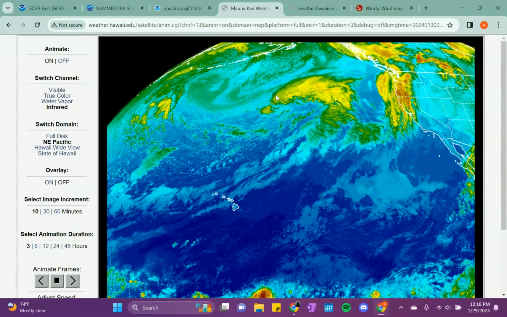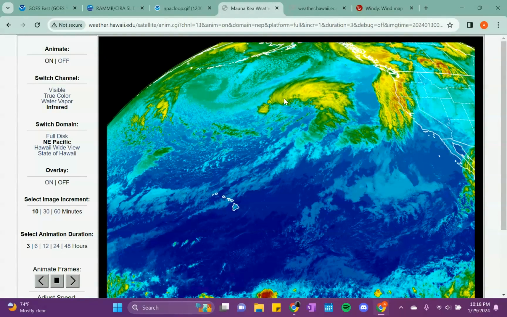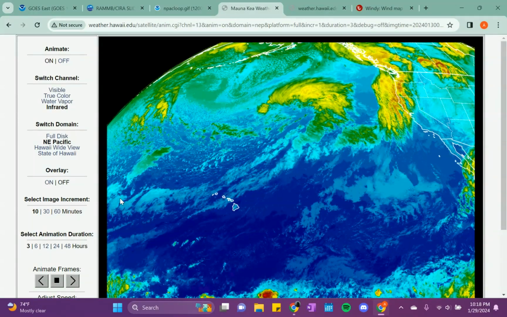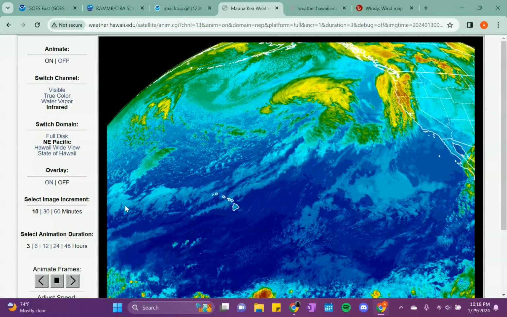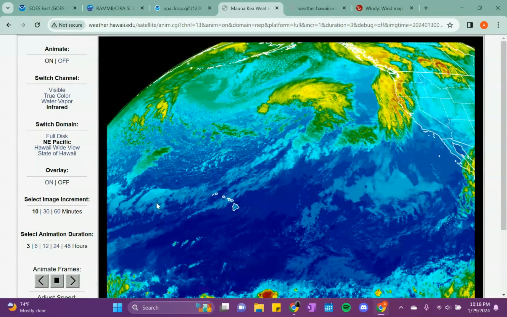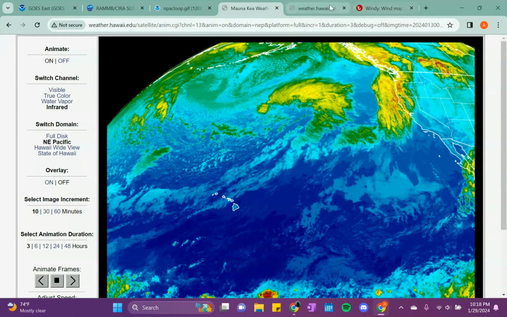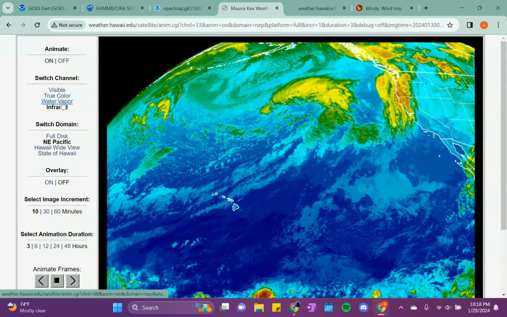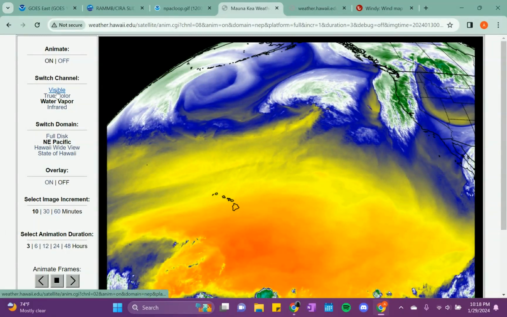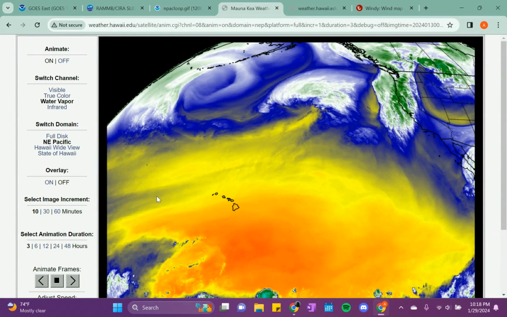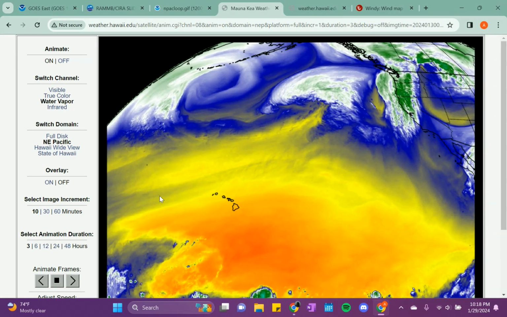And again, we see that really strong system up to the north of us, and as it drags along, moisture is being sucked up pretty much from the equator and advected over Hawaii. And lastly, we see water vapor, which is showing upper level moisture, essentially.